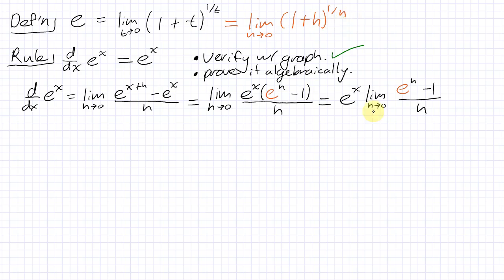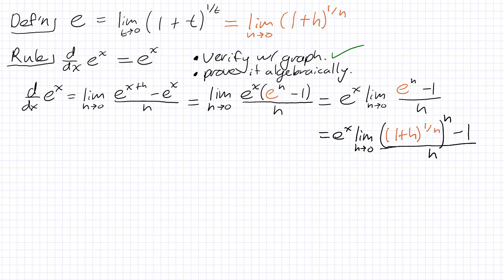And then in this step, we can just replace e with this definition as h approaches 0, because this is within a limit as h approaches 0. So it will look like this next step, where we just replace this e with the definition of e, which is this limit. And we can do that because we're already within a limit as h approaches 0. So that's just going to turn into e the closer you get.